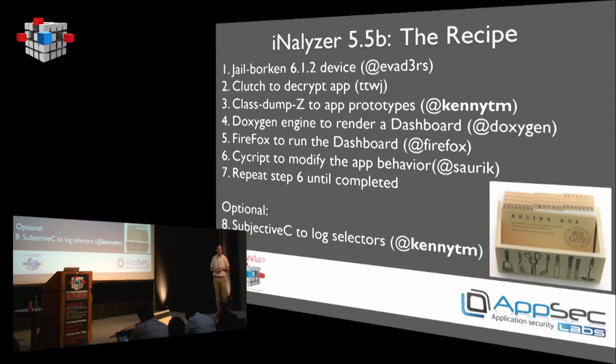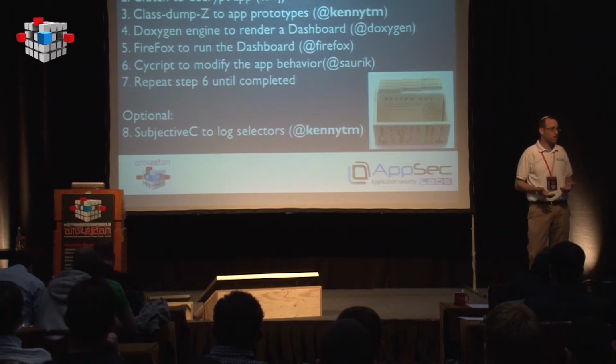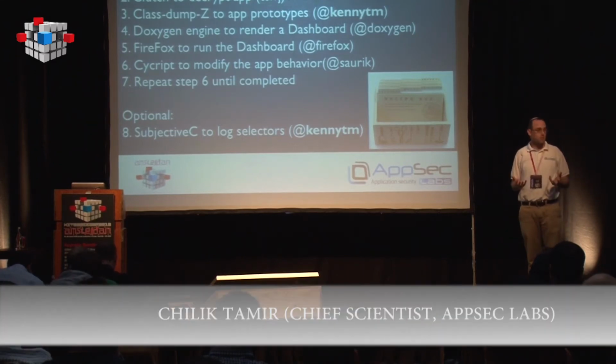So we have a jailbroken device, 5.1.1 or 6.2, thanks to the Evad3rs team. And we have Clutch to decrypt the application, thanks to emulation. And we have class-dump-z to dump the application classes, which is inside of the ARM Mach-O file that OS X and iOS work by. That's in the fundamentals, you cannot change it.